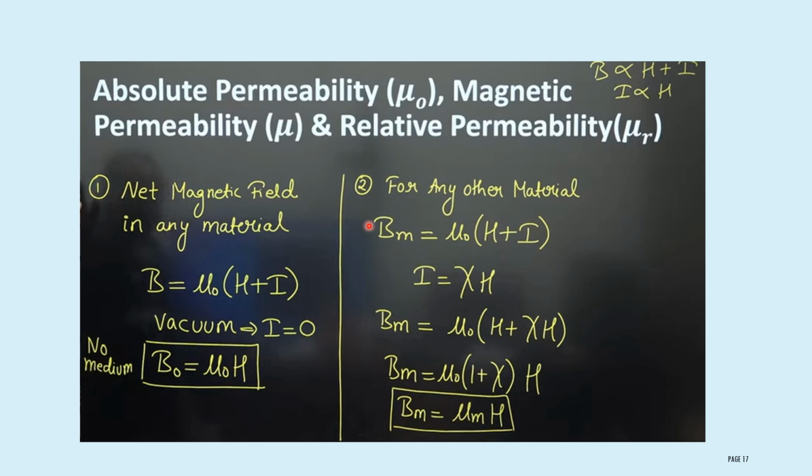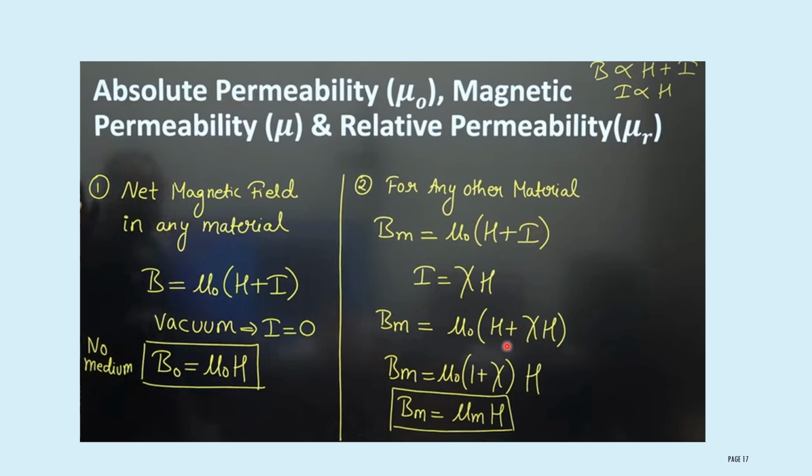Then consider the second case. For any other material, Bm will be equal to mu naught into (H plus I). You know the formula, I is equal to zeta into H. Substitute the value of I in this formula. Bm will be equal to mu naught into (H plus zeta into H).